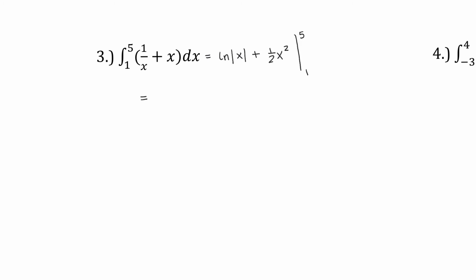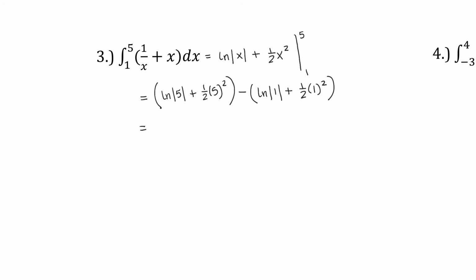So parentheses are going to be my friend here. I'm going to plug in 5. I'll have the natural log of the absolute value of 5 plus 1/2 5 squared minus the natural log of the absolute value of 1 plus 1/2 times 1 squared. And then I'm going to start cleaning this up.